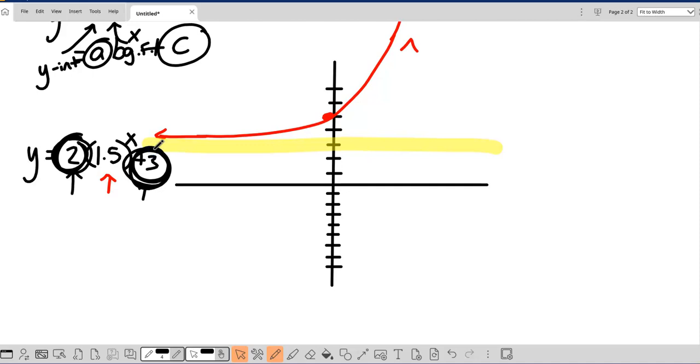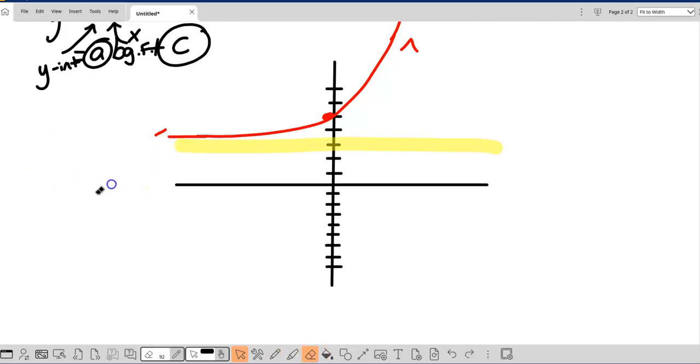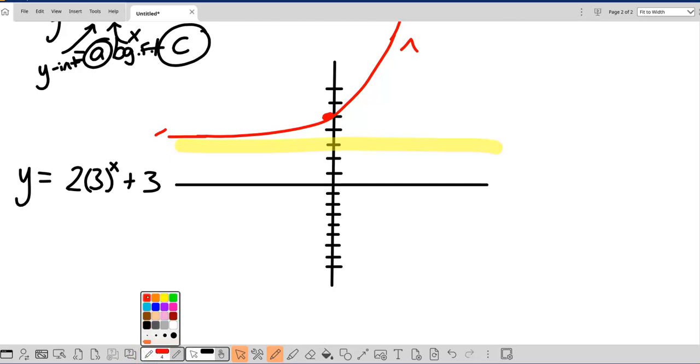Okay? One other thing that we can do, this is getting kind of messy, so I'm going to rewrite it here. One other thing that we can do is I can put a negative in the front of this. Do you guys remember what that does?